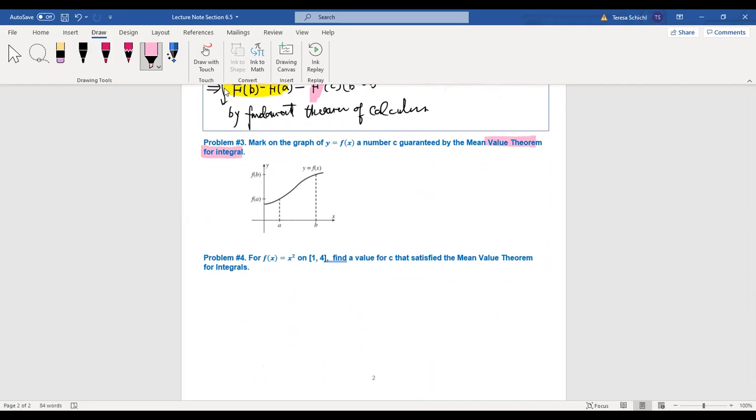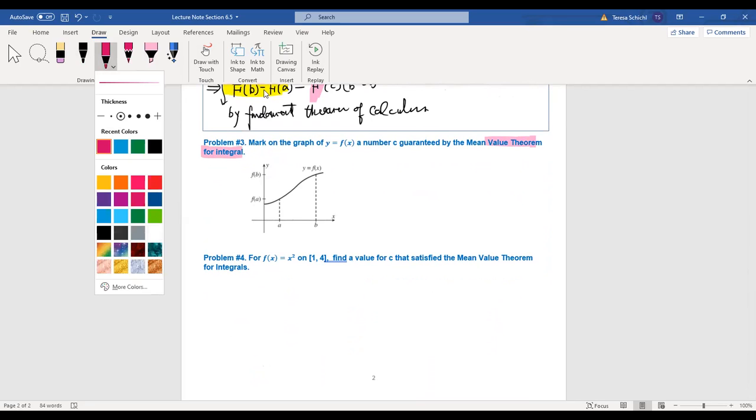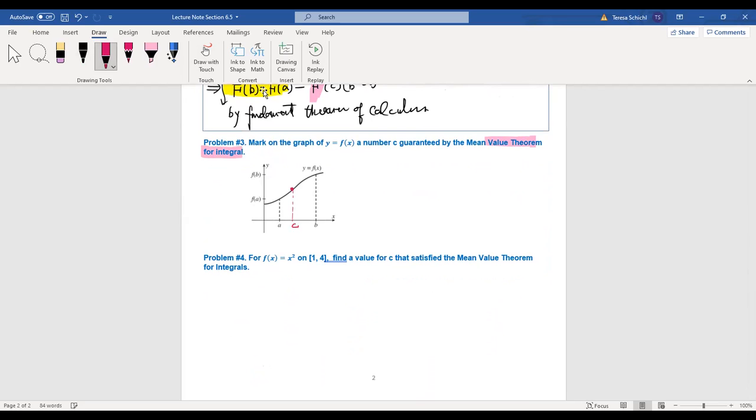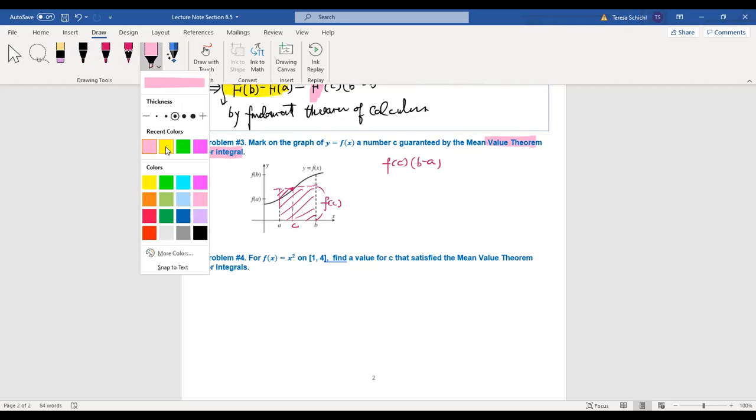Remember the mean value theorem of the integral means I use this c to create a rectangle, and the height of this rectangle is f of c. So f of c times b minus a is going to equal the area under the curve.